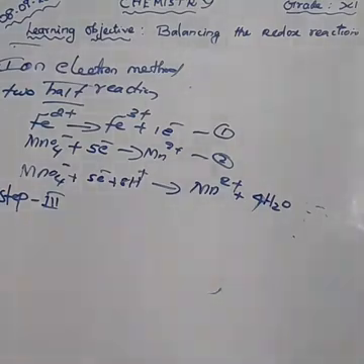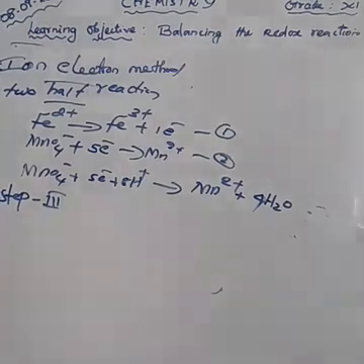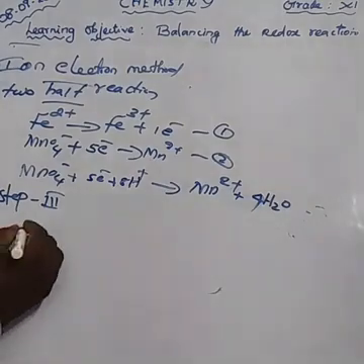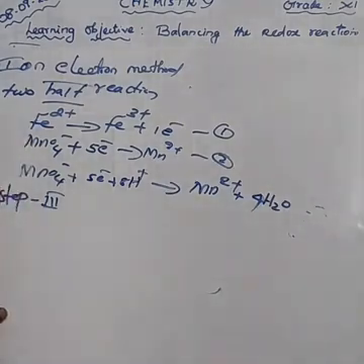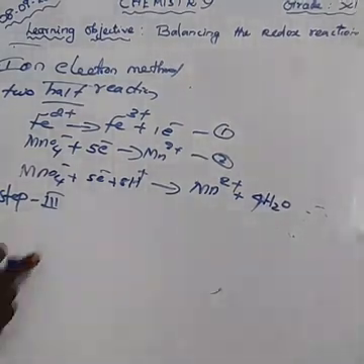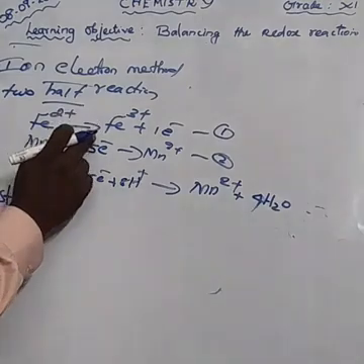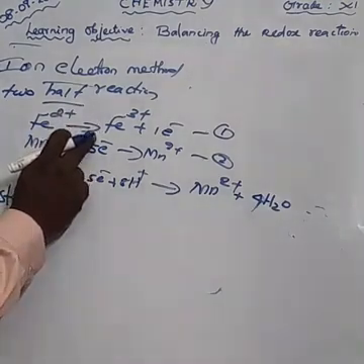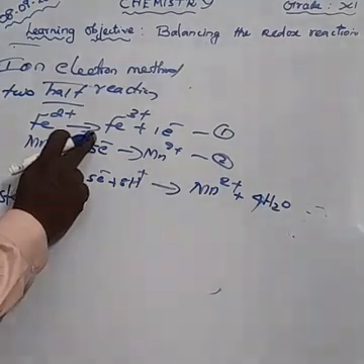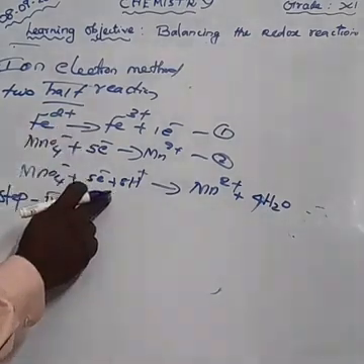That means we are adding the two half reactions. Here we have 5 electrons lost, so the first equation should be multiplied by 5, and the second equation should be multiplied by 1.